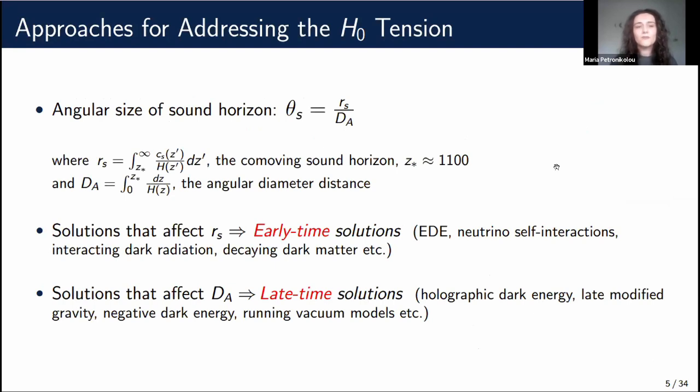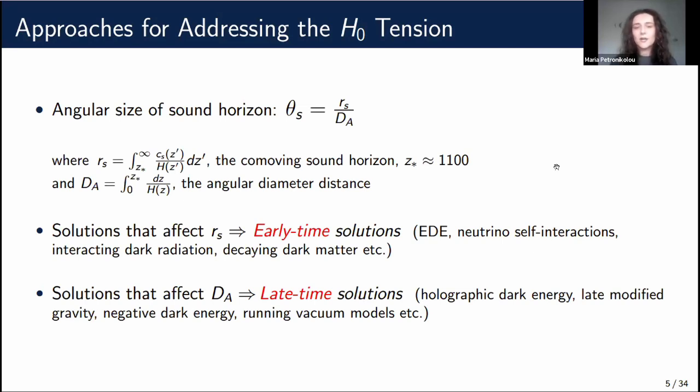If we choose to affect r_s, we get the early time solutions, which include early dark energy models, neutrino self-interaction models, interactive dark energy, decaying dark matter models, etc. If we choose to alter the angular diameter distance, we get late time solutions, including holographic dark energy models, late modified gravity models, negative dark energy, and running vacuum models, and of course many more.